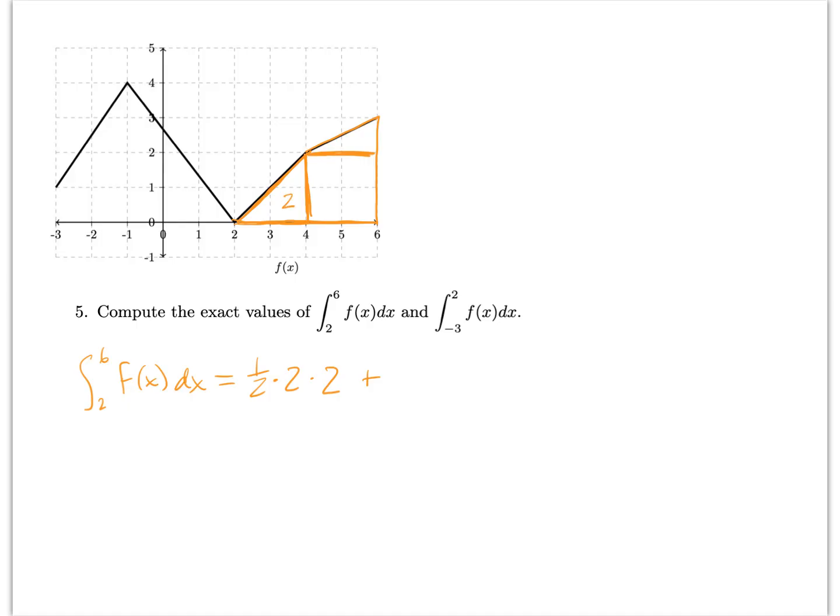This square is 2 by 2, so that's a 4. And then this triangle on top is 2 by 1. So it'd be 1/2 times 2 times 1, which is 1. And that comes out to 7.